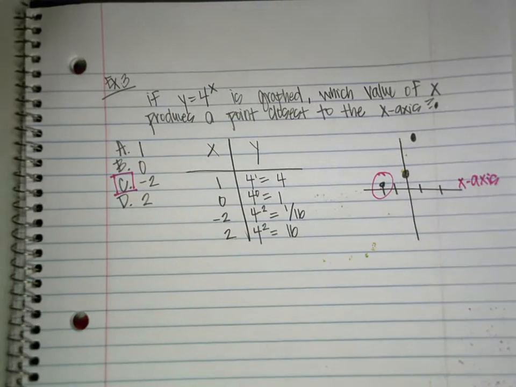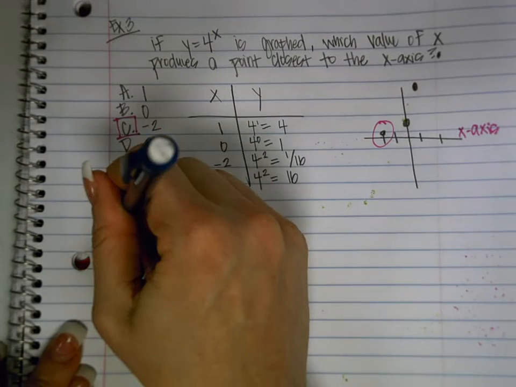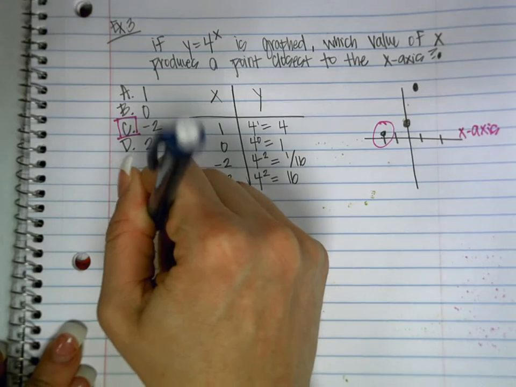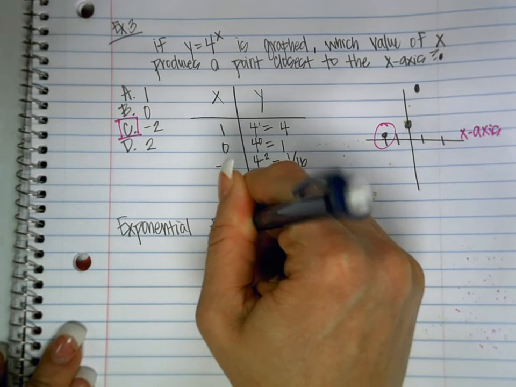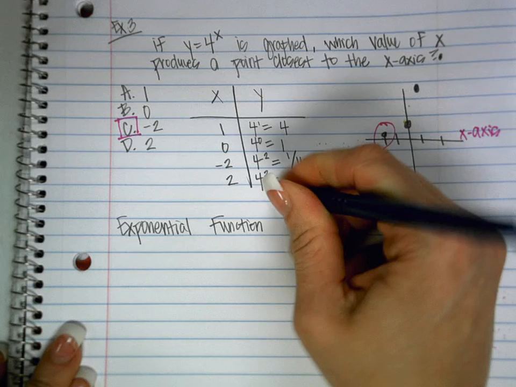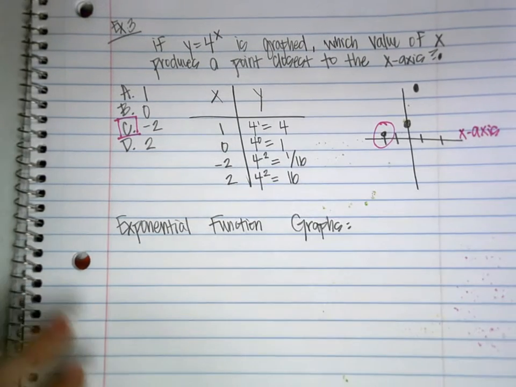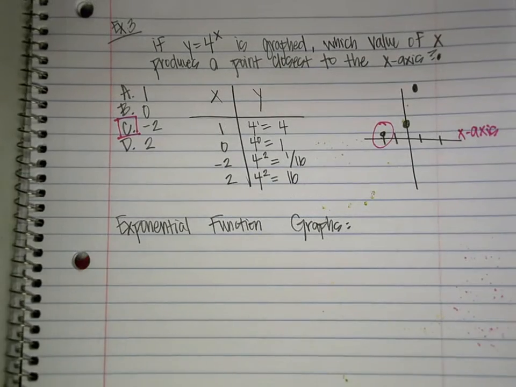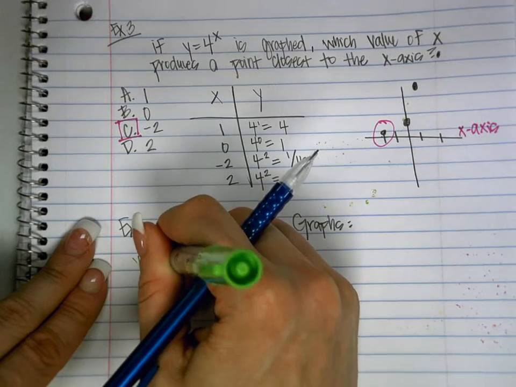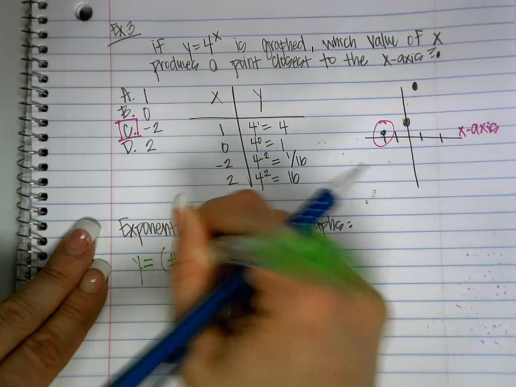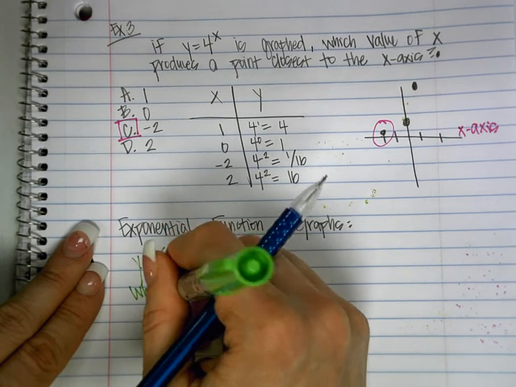Okay, and that general rule is that whenever you're graphing exponential function graphs, and we're going to kind of put stars by this so that you always will remember it. Exponential function graphs. If you have y equals something in parentheses that is a whole number to the x, this only works for a whole number inside.